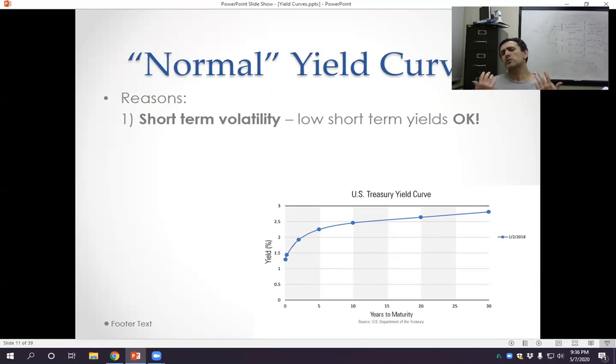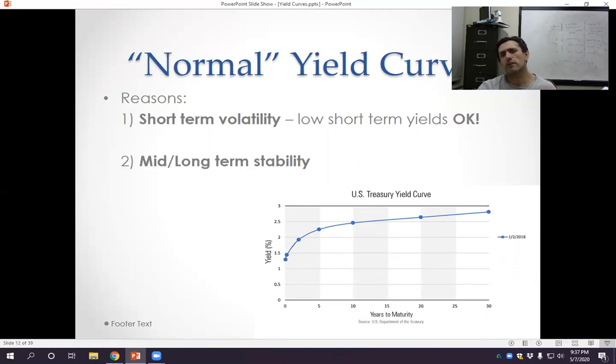And they're willing to put their money in these safe short-term investments, even if they get low yields, because it's safe and it's short-term. You're not locking in money for a long period of time. And you really don't get safer than U.S. government bonds.